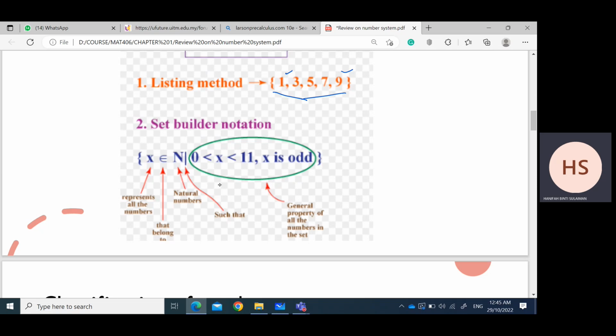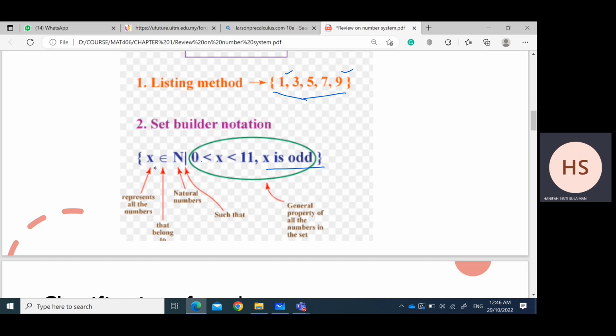So what are the values of X? X is between 0 and 11 and X is odd. Based on this notation, or this clue, you can guess what X are.